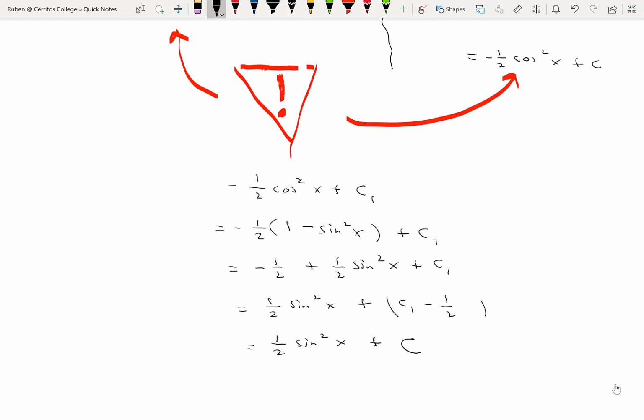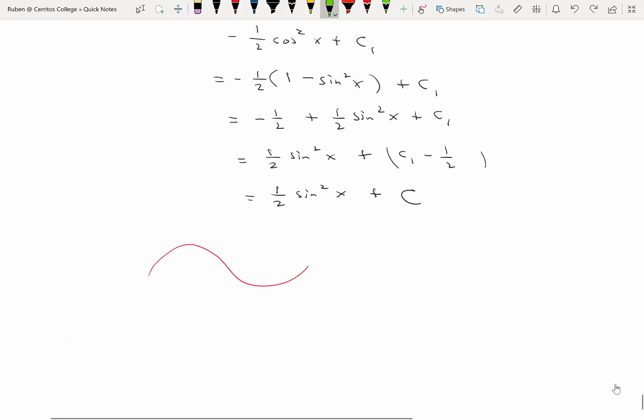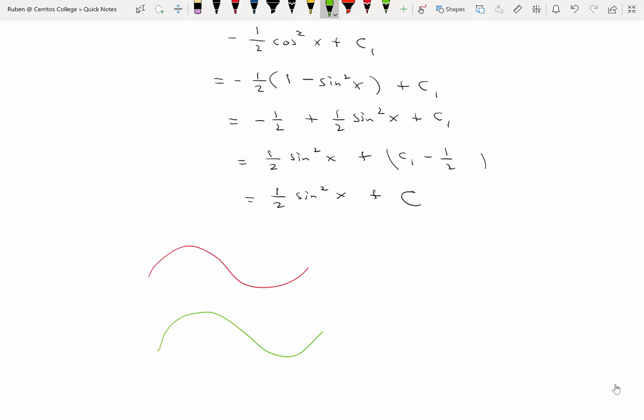So bottom line: suppose your answer looks like this, the red. Then you take the author's answer, put it in Desmos, and suppose it looks like that, and you get them to look like the same thing. Well, then there's a 100% chance that you're just fine.